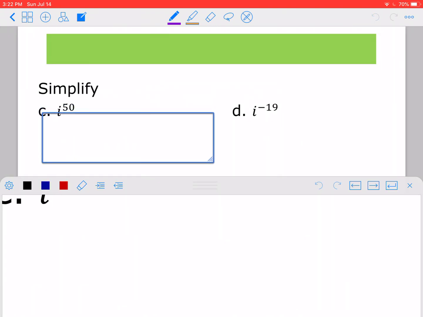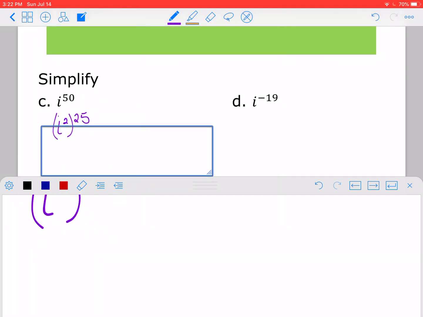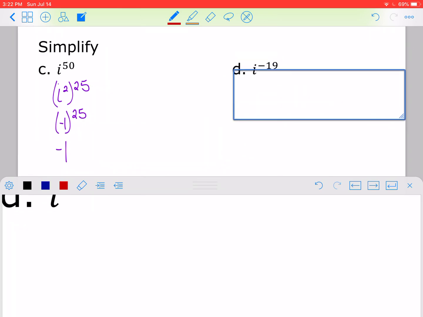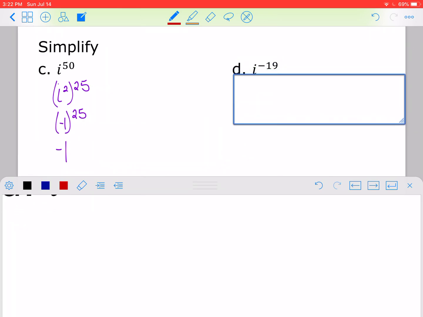And here we've got an odd exponent again, and it's negative, but we need to get it in terms of i squared again. And in order to do that, we need an even number. So let's say i to the negative 20 times i.